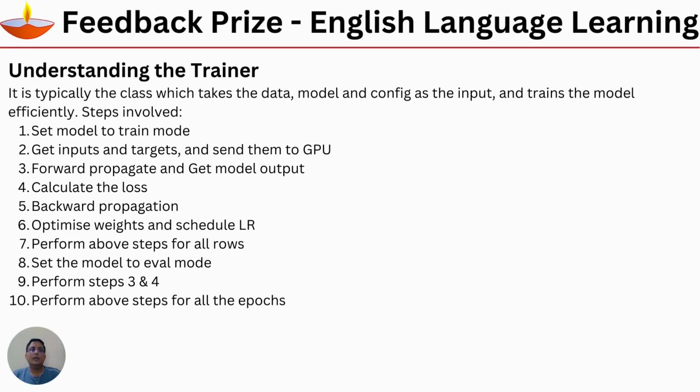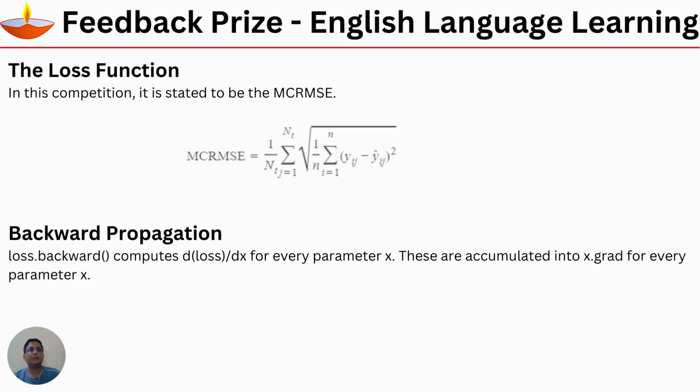And then finally, we perform the above steps for all the epochs that might be there in your config. So that's what the trainer actually does, all these different steps. And before we get into the coding, some of these things like backward propagation, optimizer, scheduler, it's very important for us to understand them. So let's learn a little bit more about them.